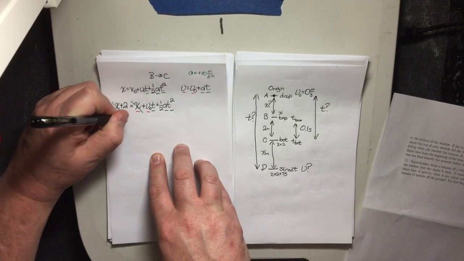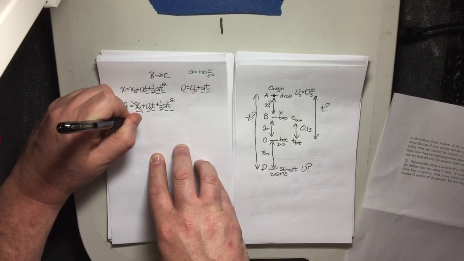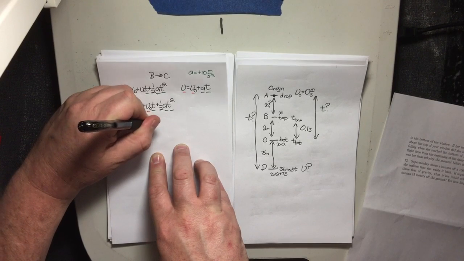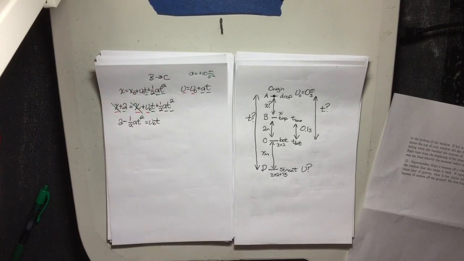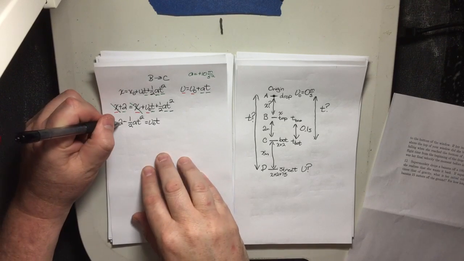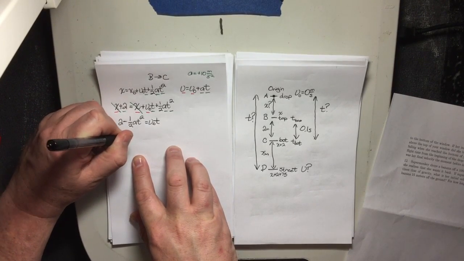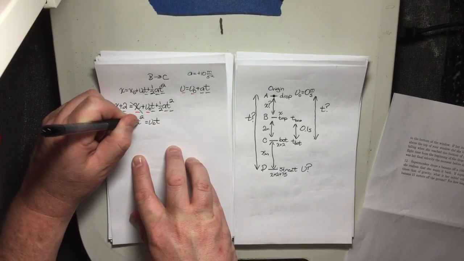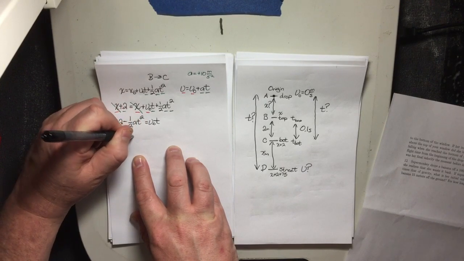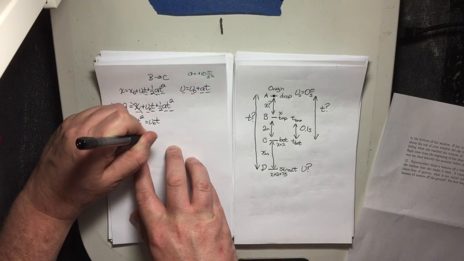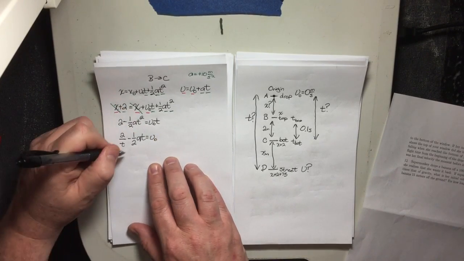So 2 minus 1/2 at squared is equal to v naught t. And like we did before, I'm going to divide both sides by t, which means 2 divided by t, and 1/2 at squared divided by t is 1/2 at, and that is equal to v naught.